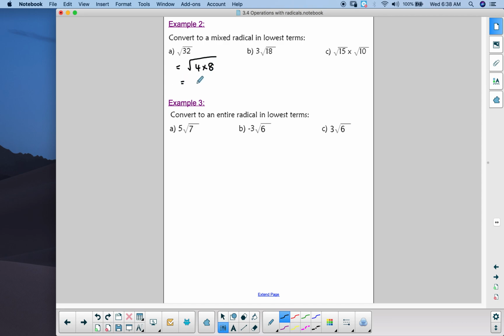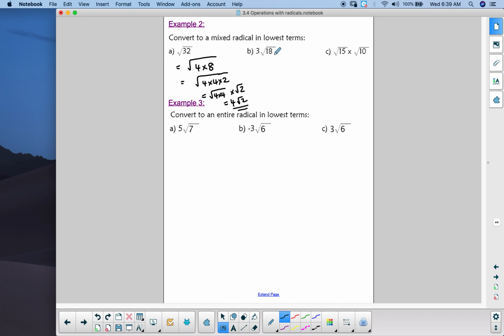And you can write that as 4 times 2, because 8 is 4 times 2. And then you can break this up as the product of 4 times 4 under the radical times square root of 2, which is 4 root 2. And that is the mixed radical you can get from that radical.